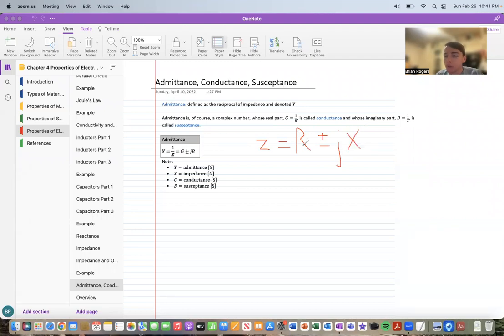Well, here the reciprocal of impedance is admittance. The reciprocal of resistance is conductance, and the reciprocal of reactance is susceptance. So we just rewrote the entire equation for impedance, but in terms of the reciprocals: 1 over Z, 1 over R, and 1 over X. And so that's what we did here.